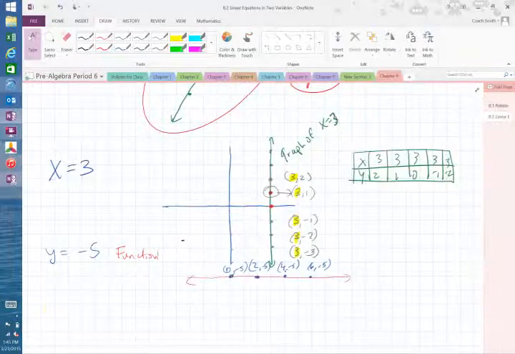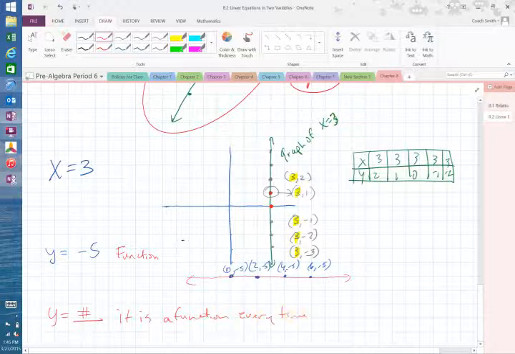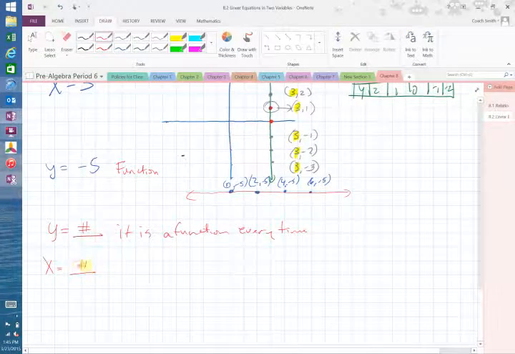So if it's y equal a number, then it is a function every time. If it is x equal a number, it is not a function.